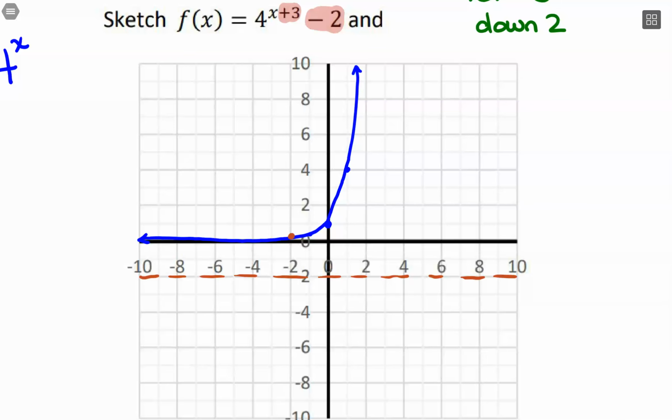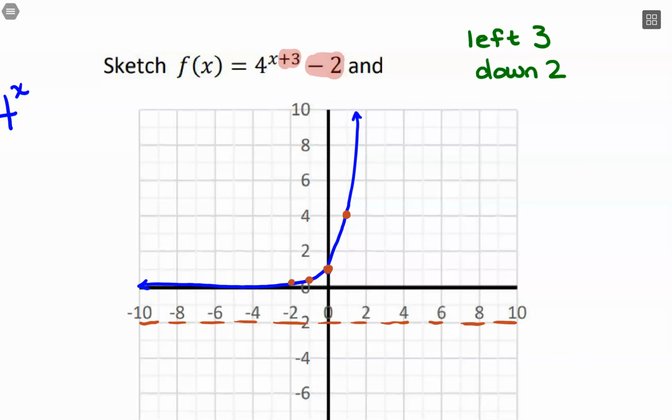And I'm going to focus on kind of 3 points here. That -1, 1/4, 0, 1, and 1, 4. So I'm going to move them left 3, down 2. I'm going to go ahead and do this in one step. So I'm going 1, 2, 3 left, and then 1, 2 down.